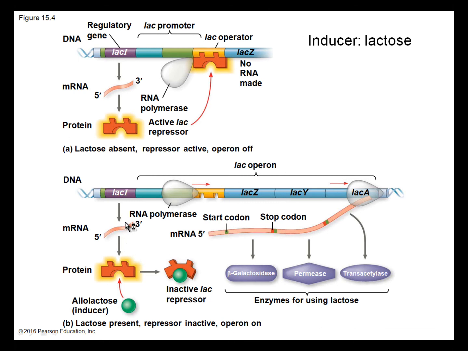But in the inducible system, we have an inducer instead of a co-repressor. The inducer in this case is lactose, which binds to the repressor, inactivates the lac repressor, and activates the transcription of these multiple genes necessary for lactose digestion.